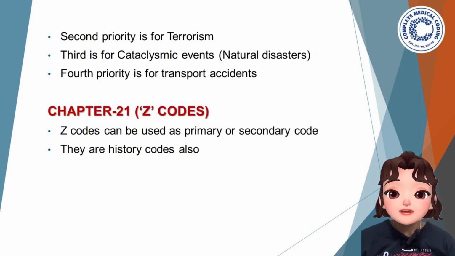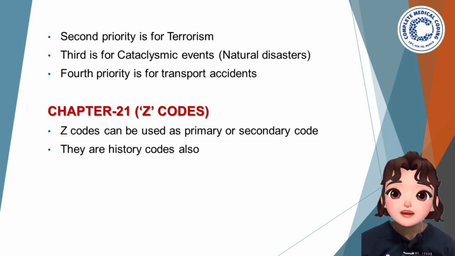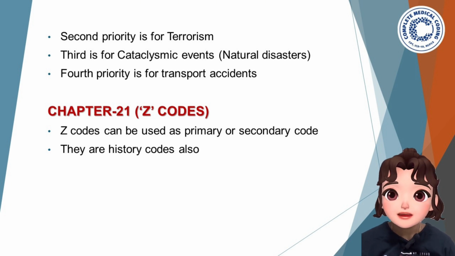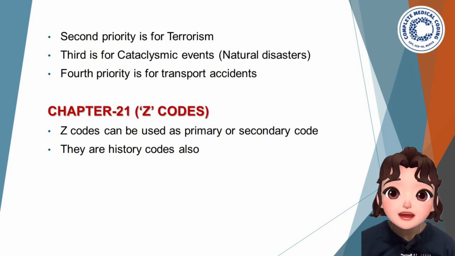Chapter 21 consists of Z codes. There are not many guidelines. These are codes that can be used as primary or secondary. Sometimes some Z codes can be used only as a primary code. Some Z codes can be used as both primary or secondary code, which depends on the condition. Okay, and this can be used as a history code also.